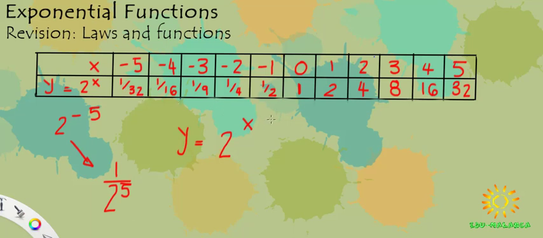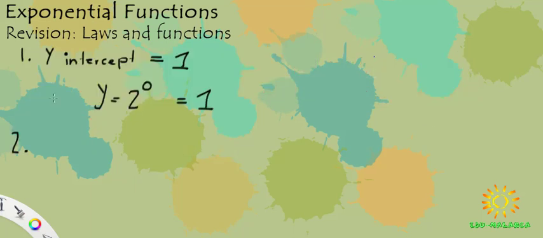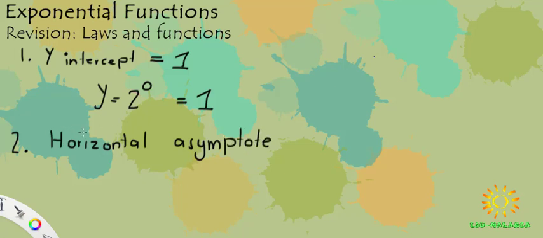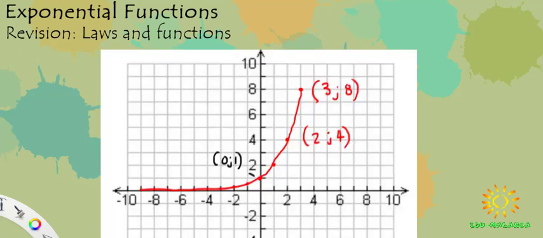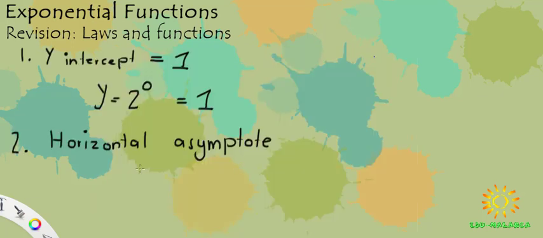They don't become negative. So how do we describe this behavior? We say that the graph has a horizontal asymptote. The horizontal asymptote of this graph is the x-axis. So in this case, it's the line where y is equal to 0.